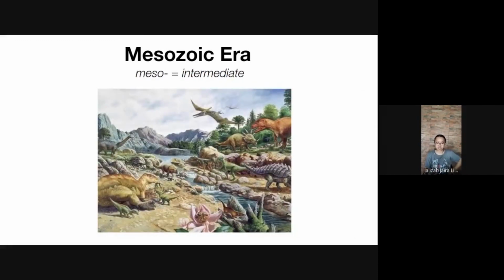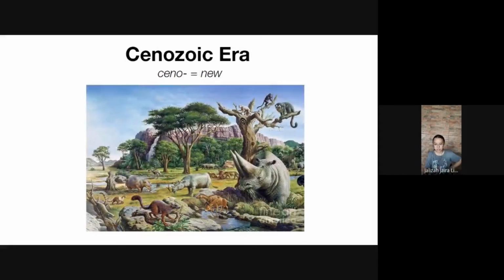We also have the Mesozoic era, and here we can actually find the age of the dinosaurs and the rise of the mammals, the reptiles, and the fishes. We also have your Cenozoic era, which is more of the age of your mammals and your birds, because when dinosaurs started to die out, mammals actually started to thrive because there were fewer predators to hunt them down.